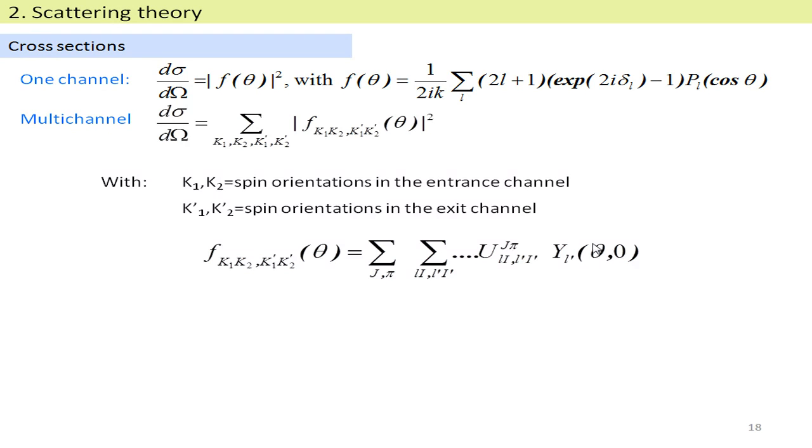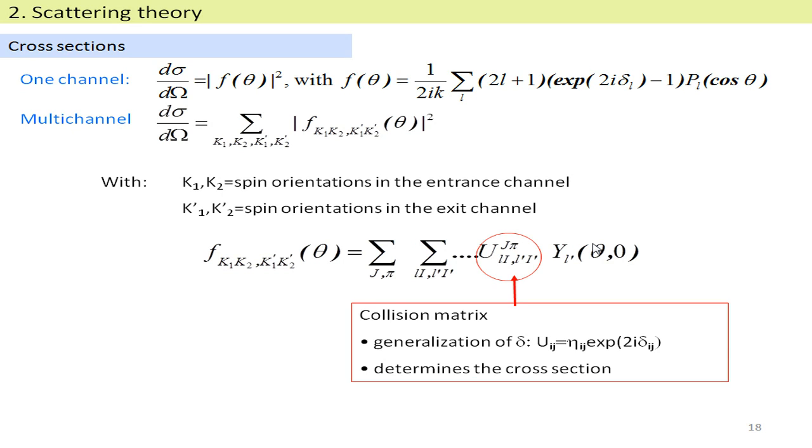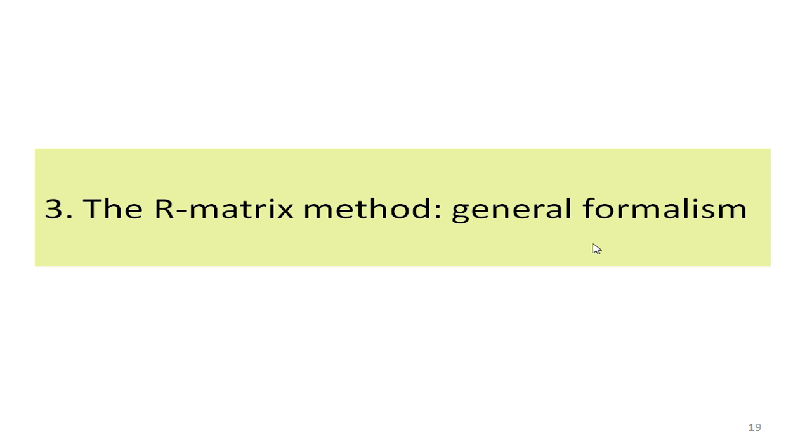You can find this in many textbooks or review papers. But the important thing is that in this scattering amplitude, you have the collision matrix, which is a generalization of the phase shift. So this is exactly the same calculation as in the single channel problem. It's just a little bit more complicated because you have more indices.